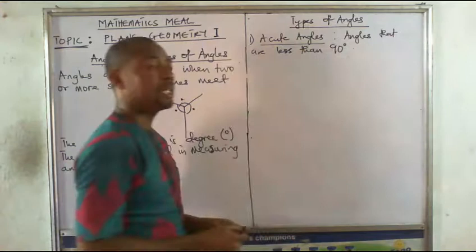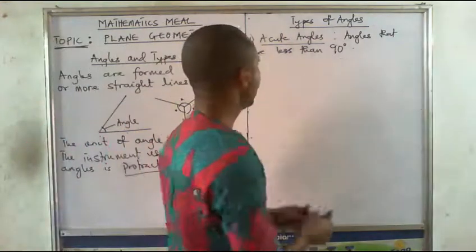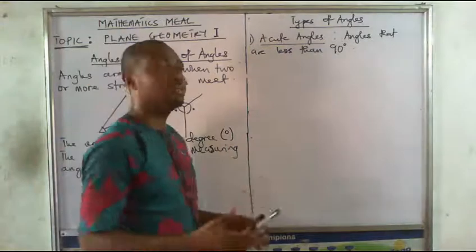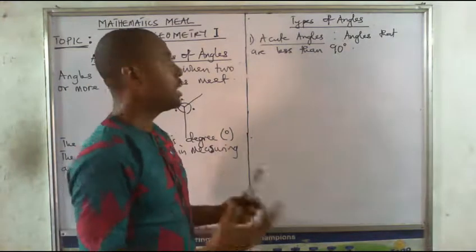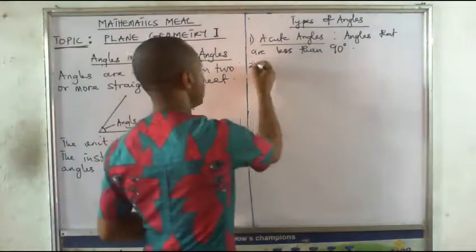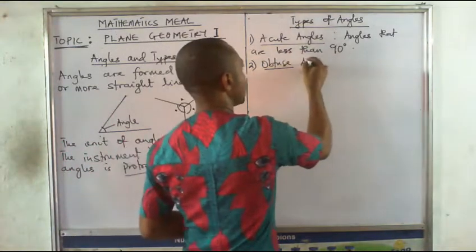So any angle that is less than a right angle, angles that are less than 90 degrees, are referred to as acute angles. 30 degrees, 40 degrees, 50, 80 degrees, 89 degrees. They are all acute because they are less than 90 degrees. Then we have obtuse angles.